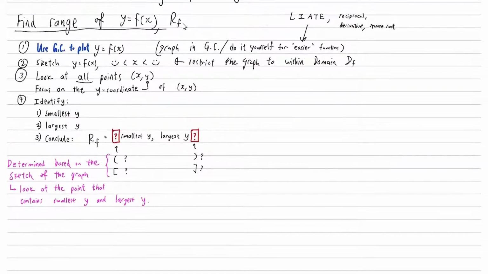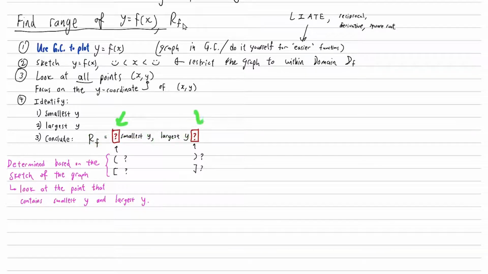Moving on. Step 3, you want to look at all the points x, y. Then after that, you focus on the y coordinate of all the x, y. Then step 4, you need to identify your smallest y and your largest y, and then you conclude. The range of f equals smallest y to largest y, with a question mark on the left and a question mark on the right.